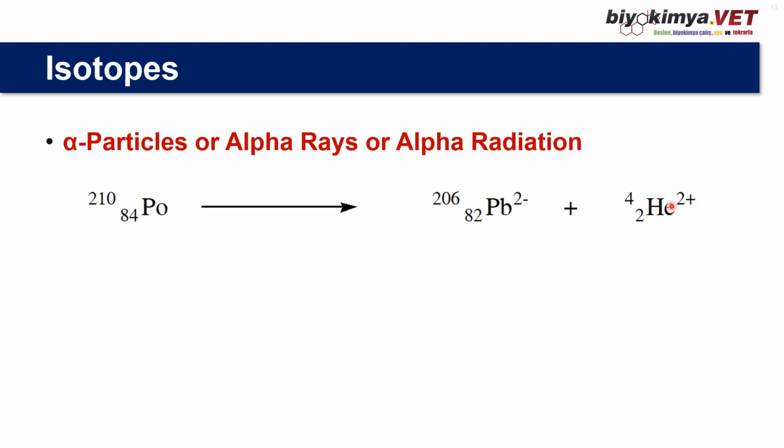The atomic number of an alpha decaying element is reduced by 2. Look at polonium 84 to lead 82, and the mass number is reduced by 4. The mass of polonium 210 to 206.